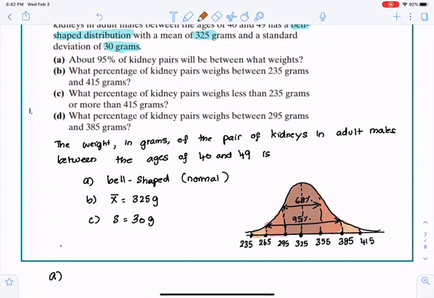The light orange one covers 99.7% of the area. The orange covers about 95%, and then the brown covers about 68%.